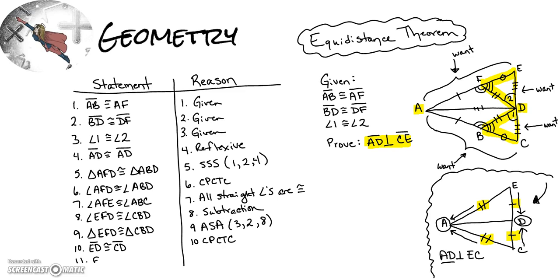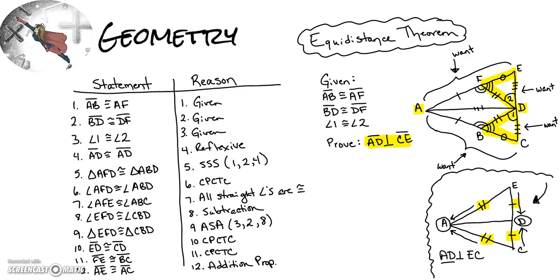So FE is congruent to BC, again by CPCTC, which then causes the whole thing AE to be congruent to AC because of addition property.